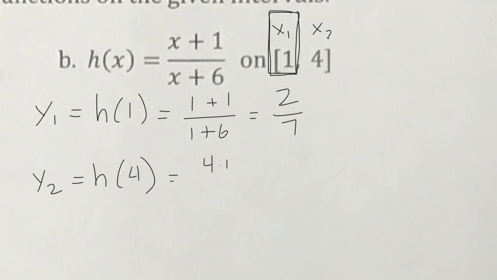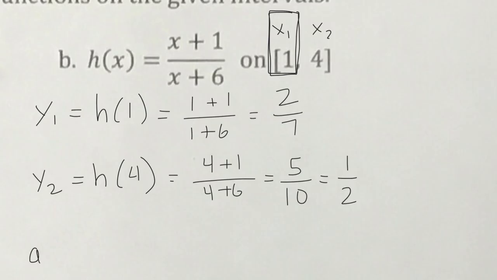So 4 plus 1 over 4 plus 6. 4 plus 1 is 5, 4 plus 6 is 10. 5/10 can reduce to 1/2.